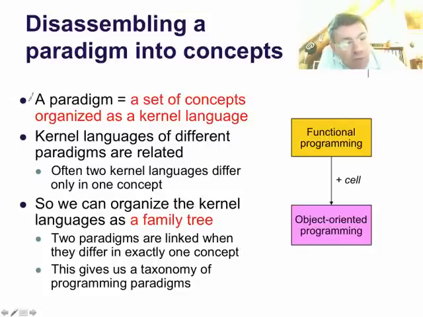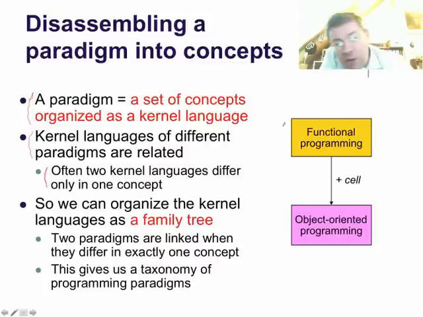One way of looking at a paradigm is as a set of concepts organized as a kernel language, a small core language containing all the important concepts of the paradigm. And an interesting point is that the kernel languages of different paradigms are related to each other. It's very often true that two kernel languages differ in only one concept.